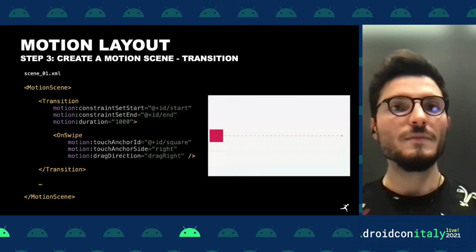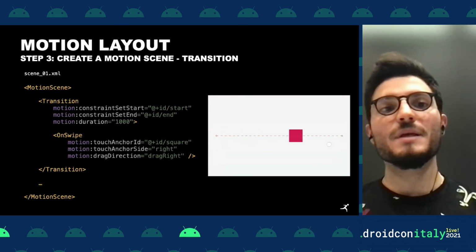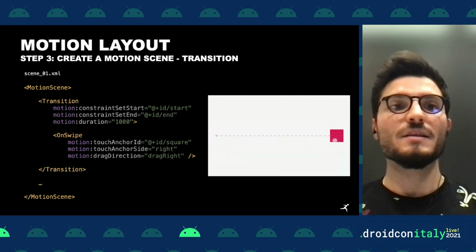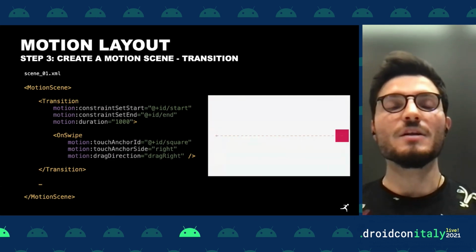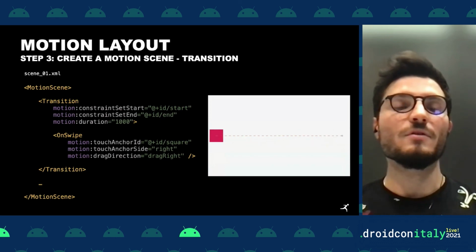Another parameter that can be set in the motion scene is the transition that allows you to configure some parameters on the animation itself.